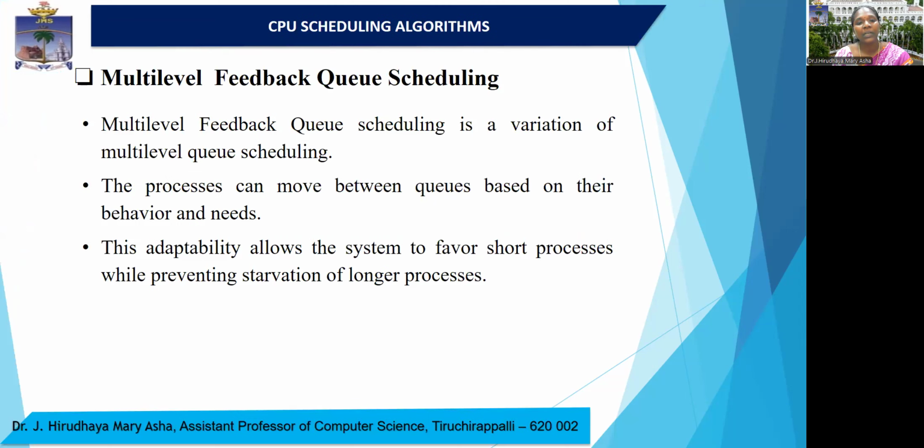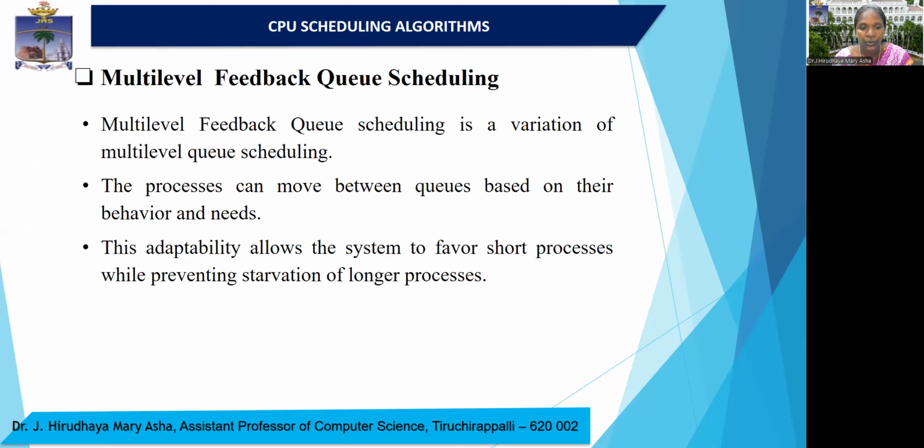The next one is the multi-level feedback queue scheduling. It is a variation of multi-level queue scheduling, and it is an additional algorithm based on it. In this, the processes can move between queues based on their behavior and needs.